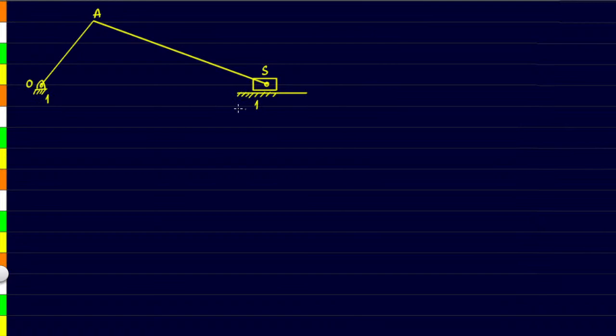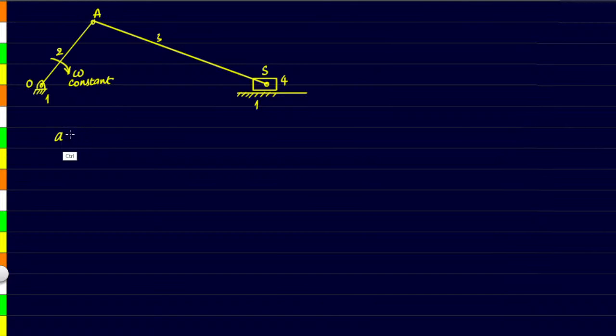So link number 1, link number 2, link number 3, and link number 4. So this is the position diagram, you can say. And if this is the omega value, and let's say omega value is constant, then we will get the acceleration diagrams. The first acceleration diagram we will get is the centripetal component.